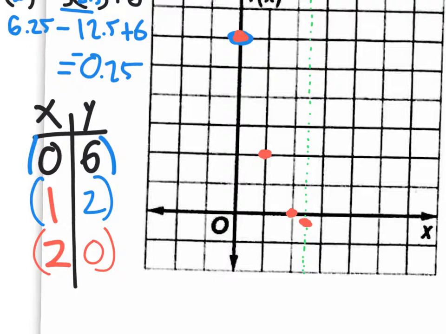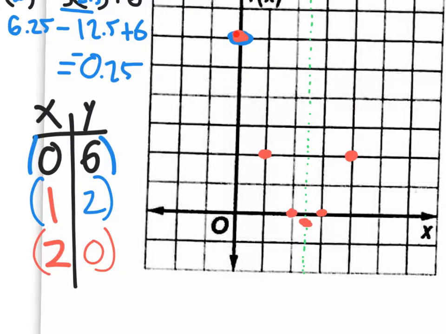And of course, if I want my full parabola, I'm going to reflect it on the other side of this axis of symmetry. So this one is half a unit away, so half a unit would be right there. Does that make sense? Okay. This one up here is 1 unit and a half. So let me go 1.5 units that way. There's a half, there's 1, put a dot right there.